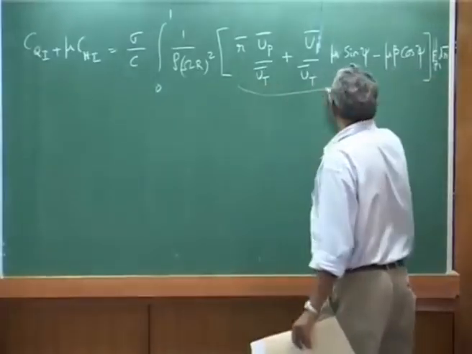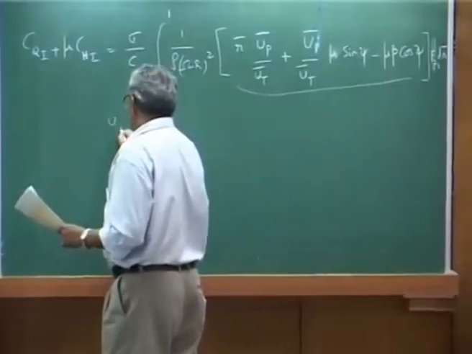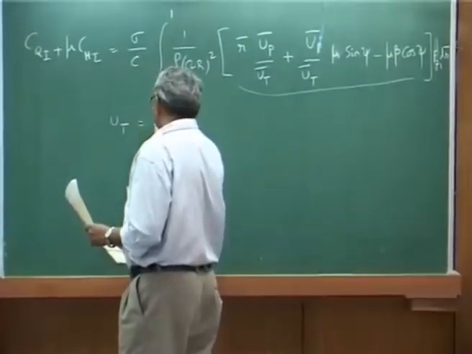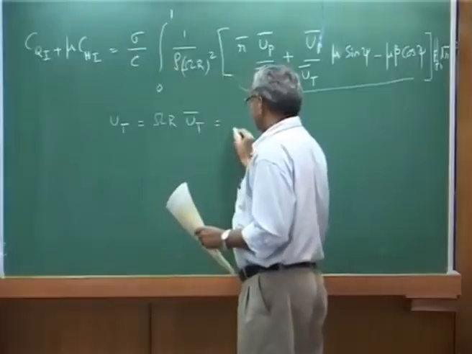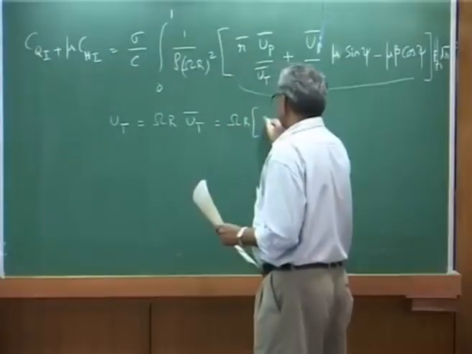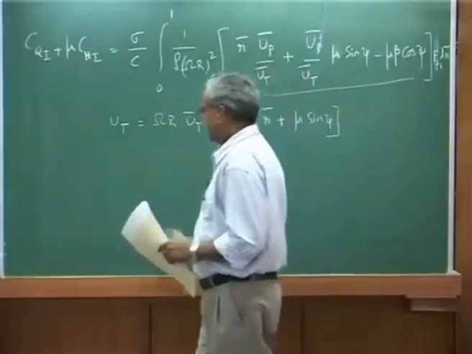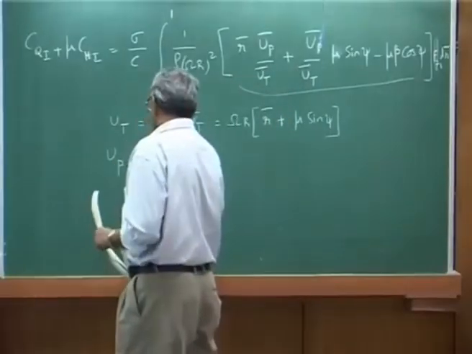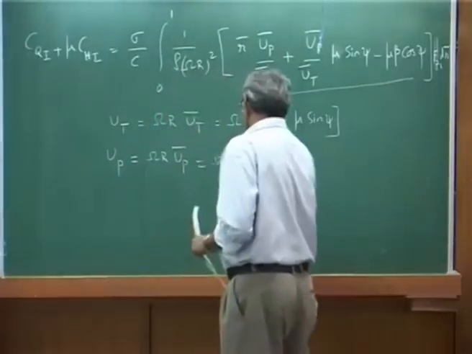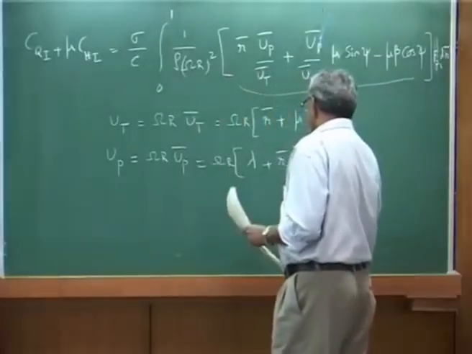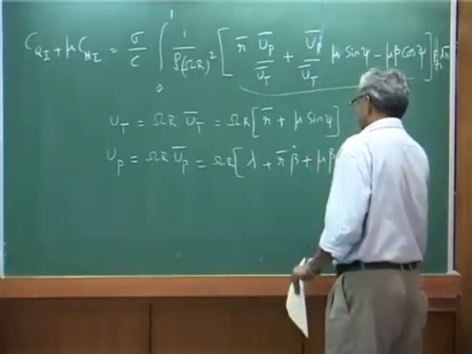Now, you look at this term. If you go back to your notes, you will see U_T was defined as omega r U_T bar, which we wrote as r bar plus mu sin psi. Similarly, U_P as omega r U_P bar, which is omega r into lambda plus r bar beta dot plus mu beta cosine psi.